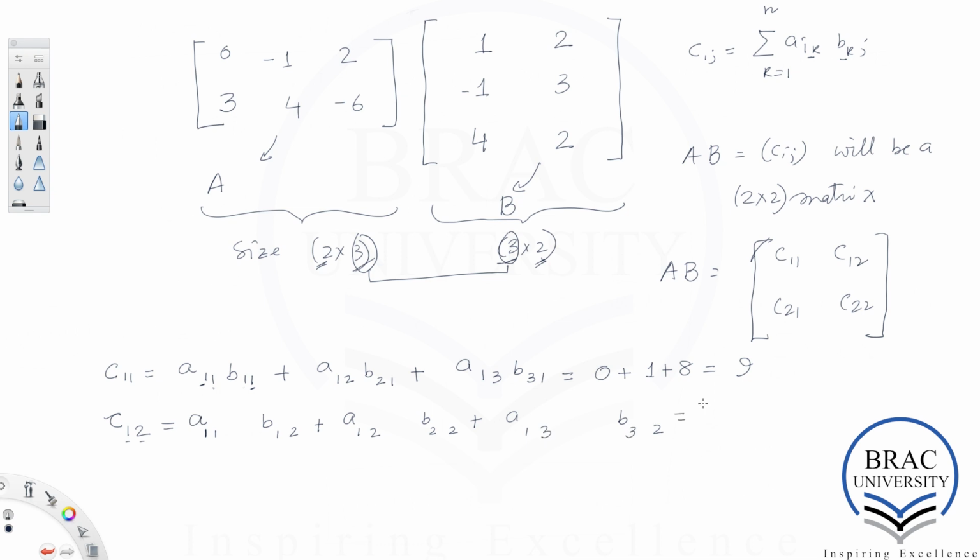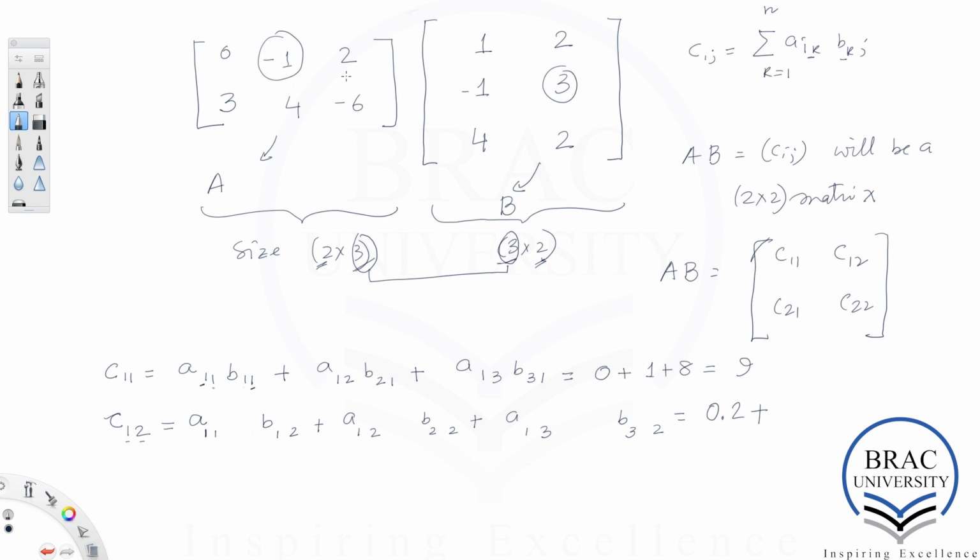So we have A11 is 0 and B12 is 2, A12 is minus 1 and B22 is 3.